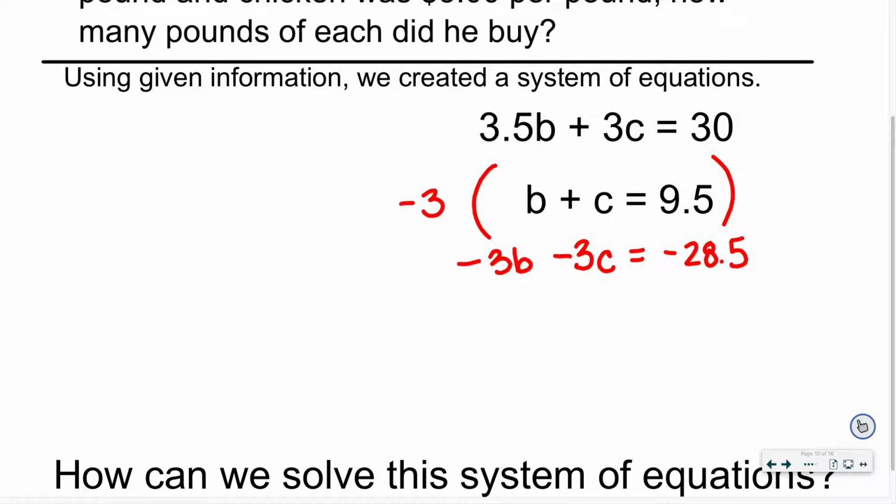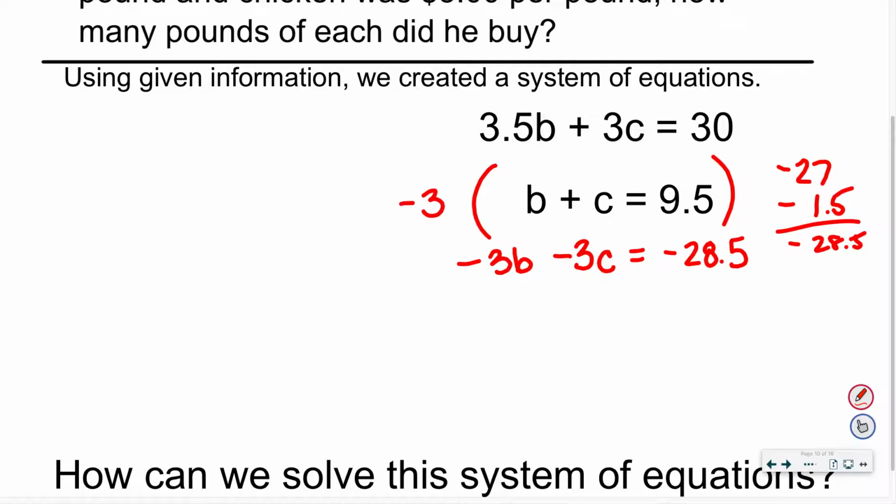You could do 9 times -3, which would be -27. And then what else would you have to multiply? 0.5 times -3, which would be -1.5. So you would get the -28.5 that way. That's an option for those of you that struggle to multiply. You can group that.